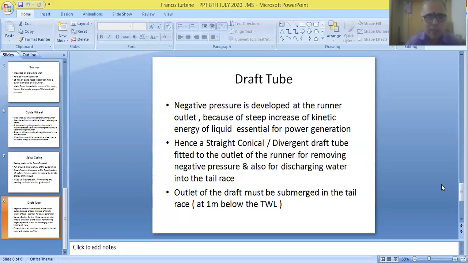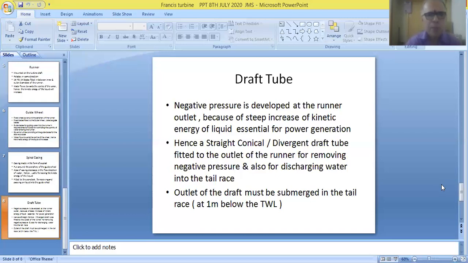Otherwise, air will be entering from the outlet of the draft tube, and it will be destroying the pressure of the liquid. Therefore, the efficiency of the draft tube will be getting disturbed. So friends, this is the arrangement of the draft tube.